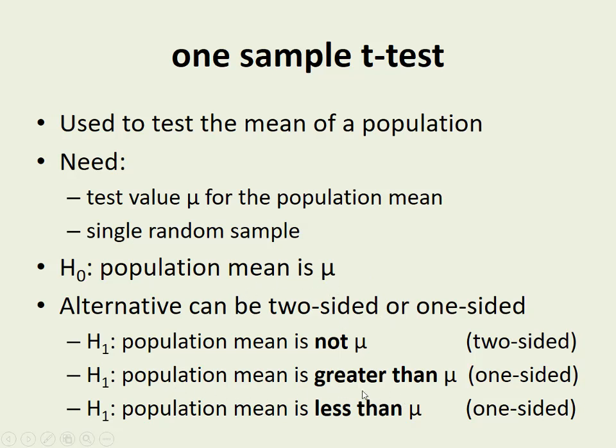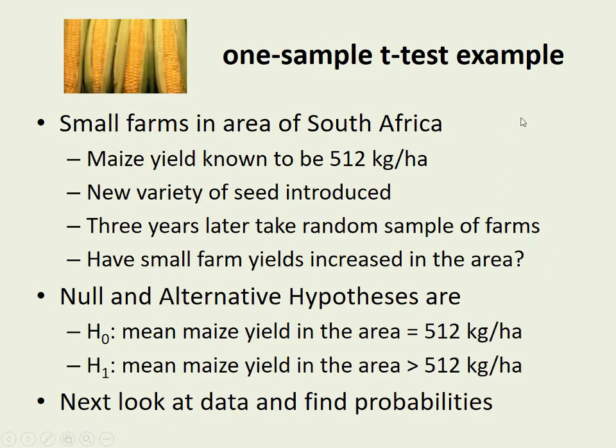So that would be an alternative like this. Or you could be looking for a decrease, so you're looking only for an alternative like this. These two are one-sided. So you must be clear about whether you're doing one-sided or two-sided before you carry out the test, at least in principle, if not in practice, depending on how ethical you are, which is very, I hope.